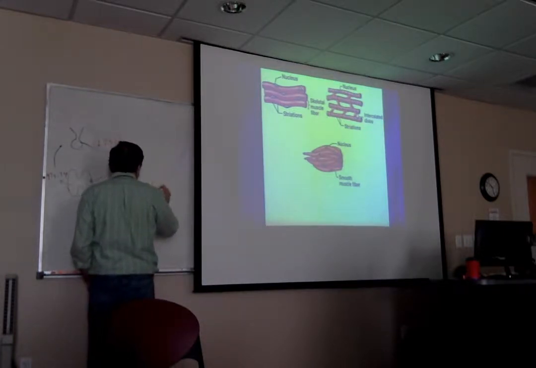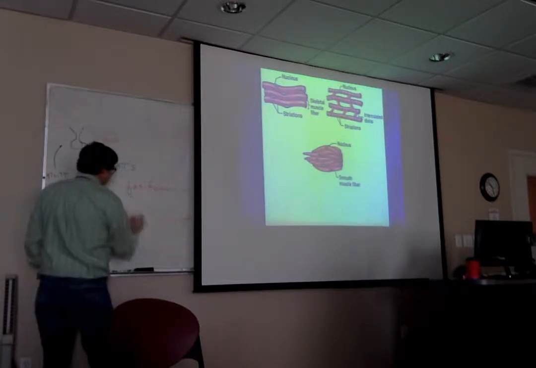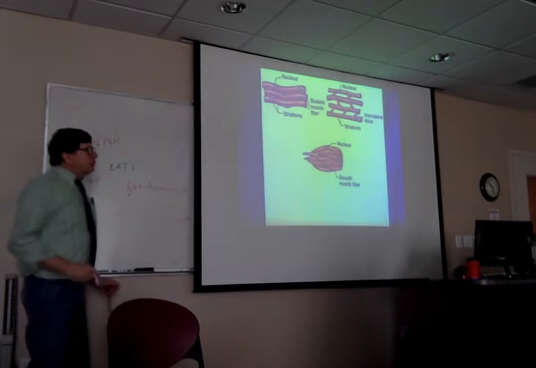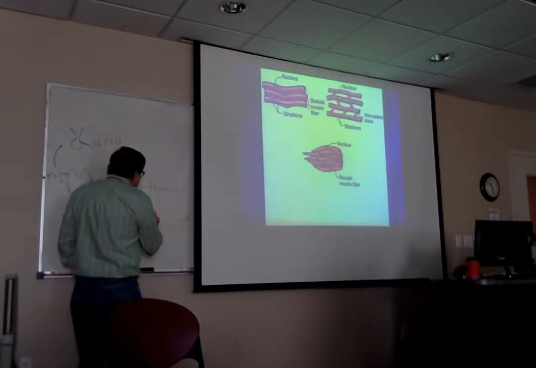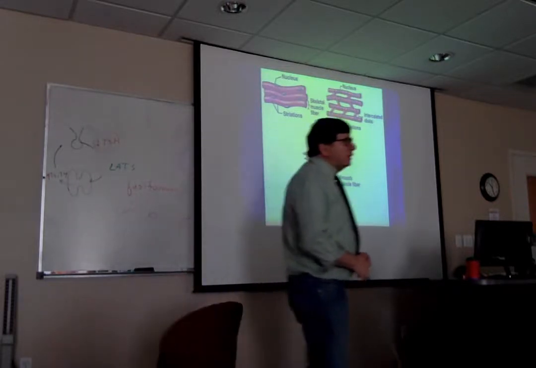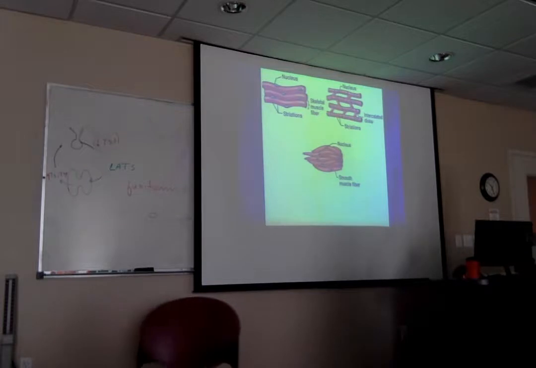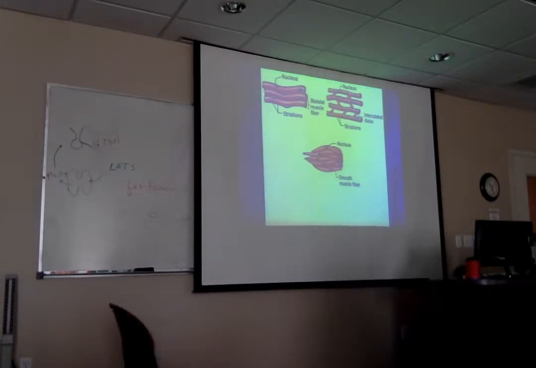Fusiform simply means that the ends are tapered like this. They have a single nucleus that's central in location. So whereas skeletal muscle has multiple peripherally located nuclei, smooth muscle has a single centrally located nucleus.